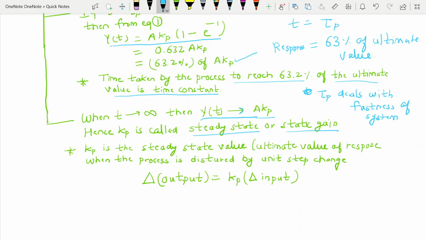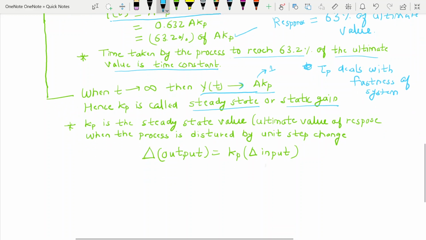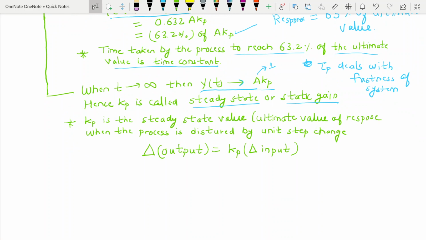Okay, because if I put value of a equal to 1, if I consider a unit step change, then yt, when t tending to infinity, will become equal to kp. So in this way I can say kp is called the steady state or a static gain. Kp is the steady state value or ultimate value of response when the process is disturbed by a unit step change.